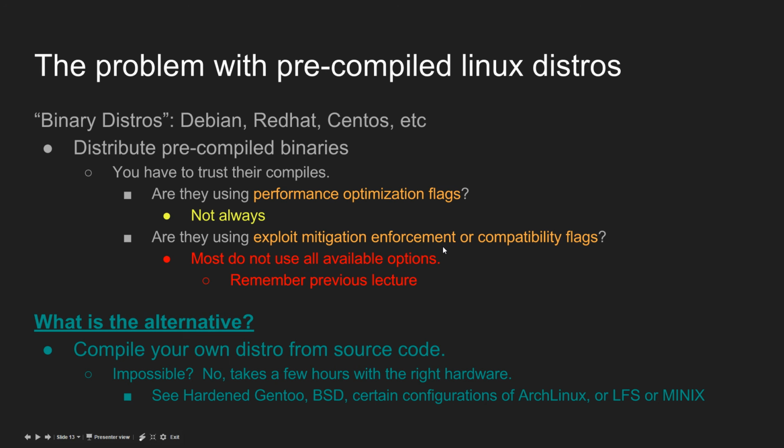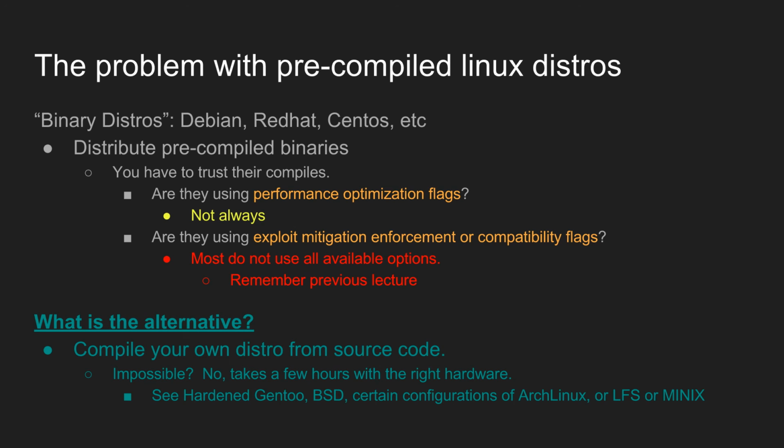So this brings us, finally, to the developers of your Linux distros and of your operating systems. Binary distributions like Debian, Red Hat, CentOS, etc. all distribute pre-compiled binaries, and you have to trust their compiles if you're going to use them. I've done some research, and I've done a lot of interviews of people in the community, and just looked into asking people to run checksec on their system for all sorts of operating systems of binary distros.